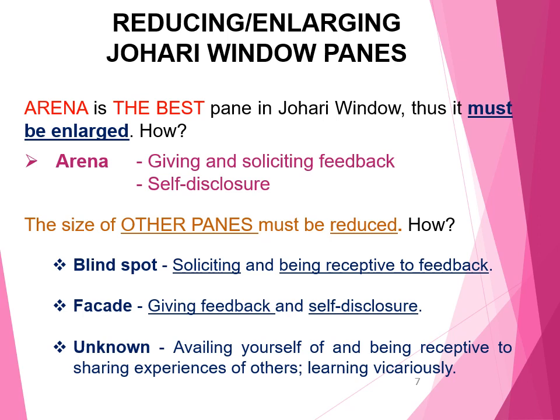Okay, so there are certain things that you do not know about me. So when me giving feedback, then you start to know about me more. So that is called giving feedback. On the other hand, soliciting feedback is where me is asking feedback from you. So there are certain things that me does not know about me.